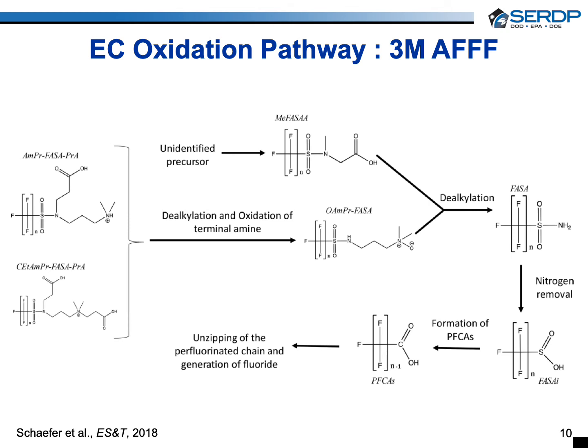Based on some of the results that we've seen in our early studies, as well as a lot of results shown by others who've looked at electrochemical oxidation, you get this unzipping of the perfluorinated chain, and you get release of fluoride here. We did see measurable fluoride generation here. So again, this pathway seemed pretty consistent and reasonably well understood.